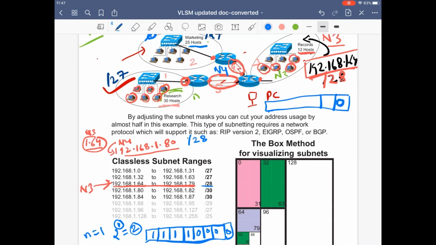Only 1 host bit means n equals 1. We need only 1 bit, that is 0, and the remaining is 1.